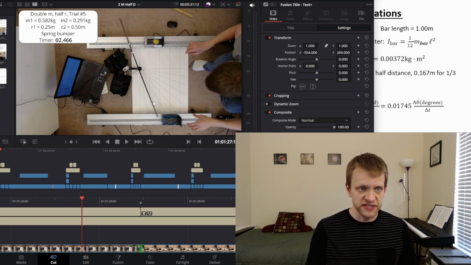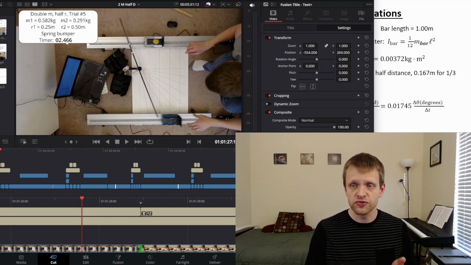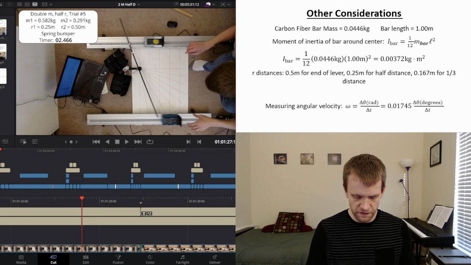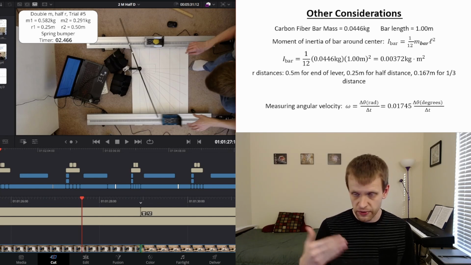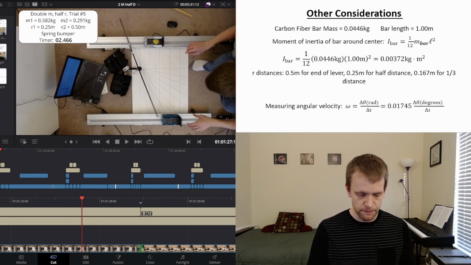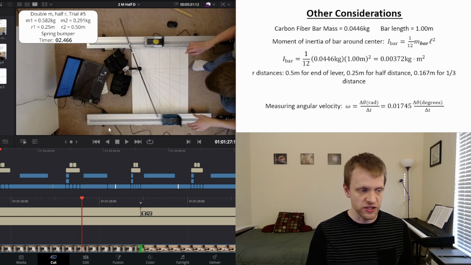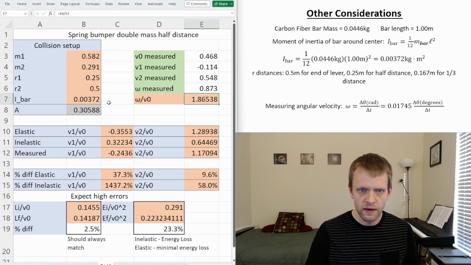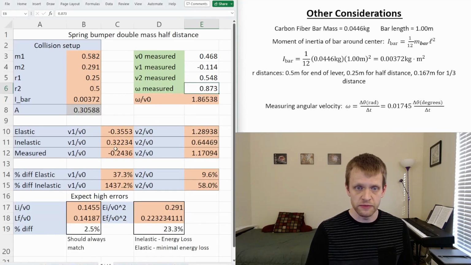So that means it's gone 10 degrees in 0.2 seconds. So with this equation, 0.01745 times 10 degrees is how much it rotated, divided by that 0.2 seconds, that gives us the 0.875 that we have for this angular velocity measurement.